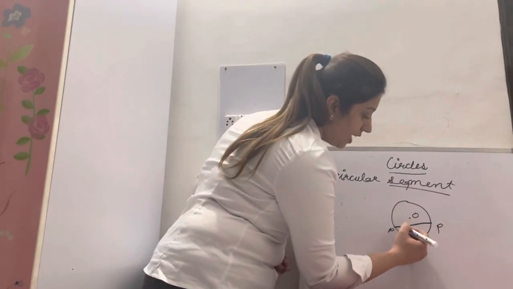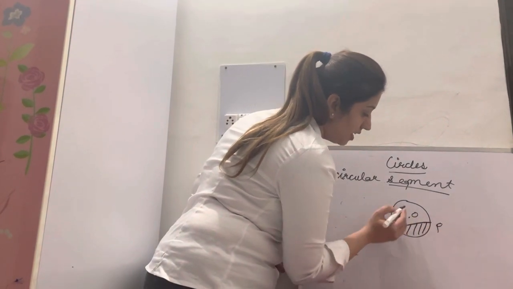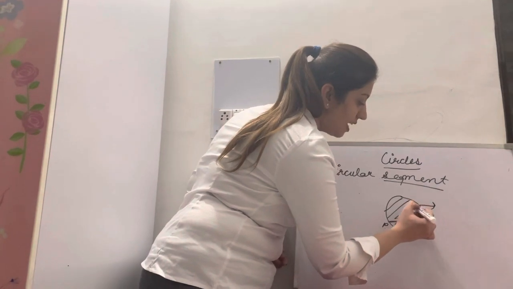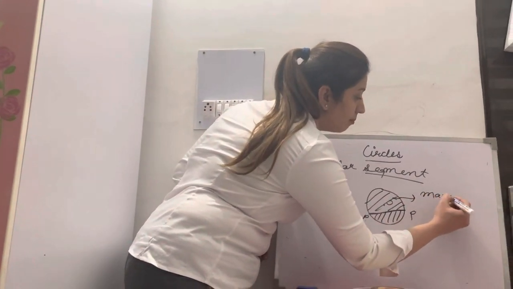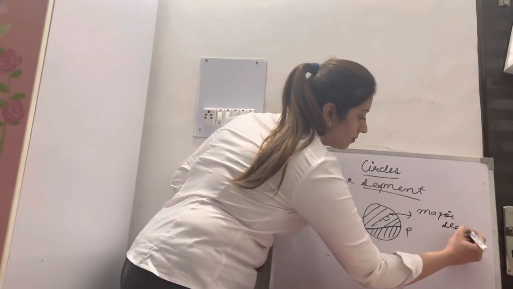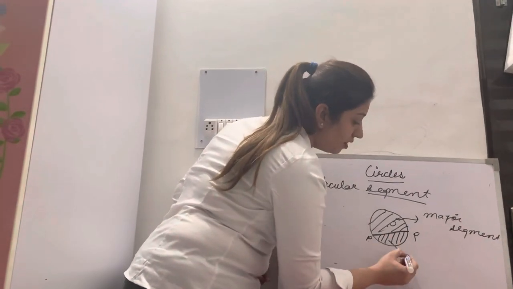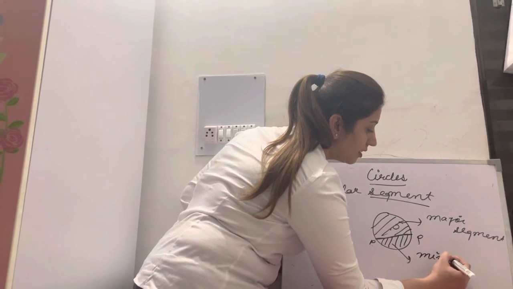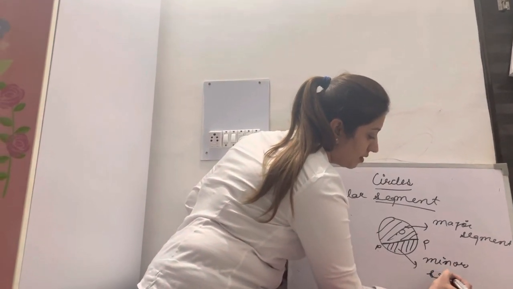So here we have a smaller segment and here we have a bigger segment. The bigger segment is what we call the major segment. The smaller portion is what we call the minor segment.